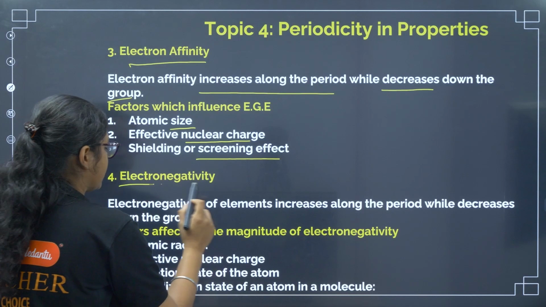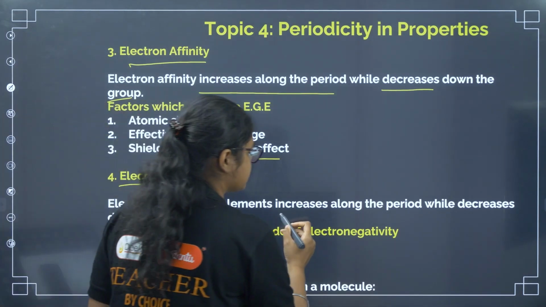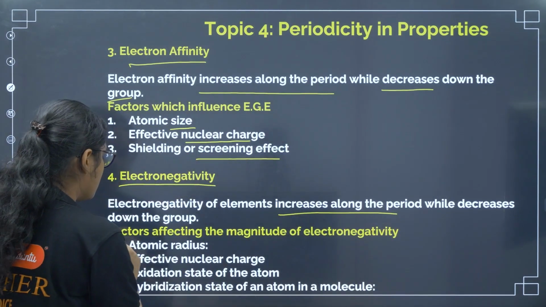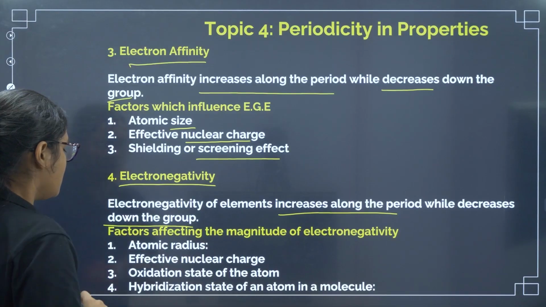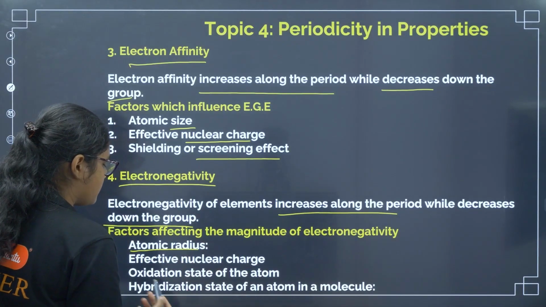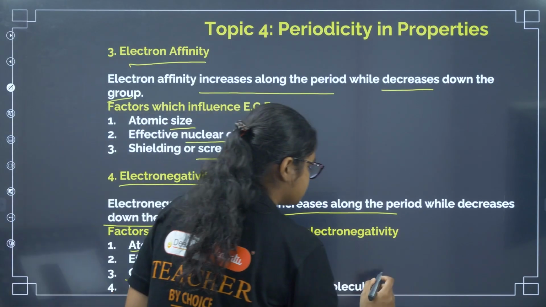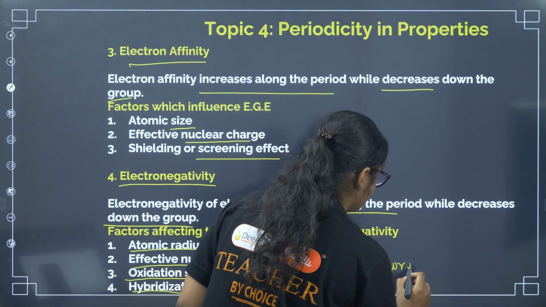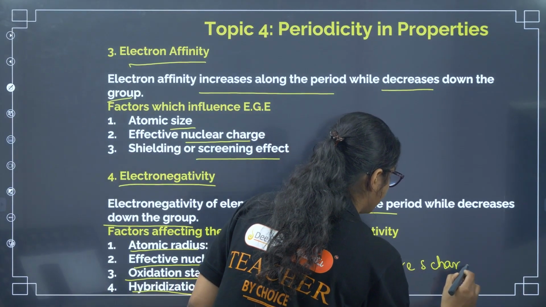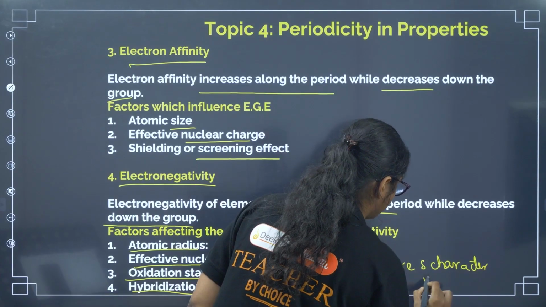Now coming to electronegativity. Same as electron affinity, it increases along the period, decreases down the group. Now, what are the factors affecting here? Again, atomic radius, effective nuclear charge, oxidation state, hybridization. So, what is hybridization? More is the s character, more electronegative.